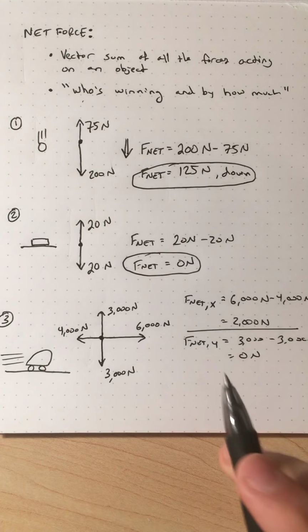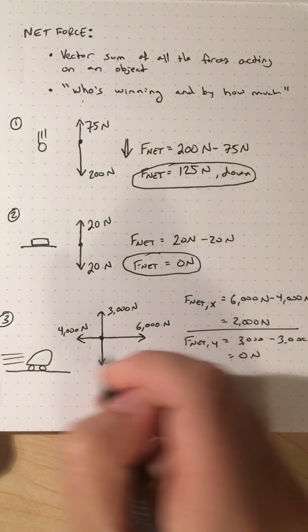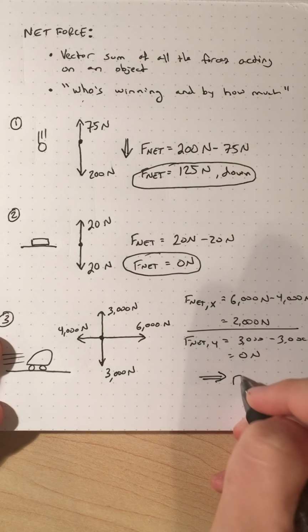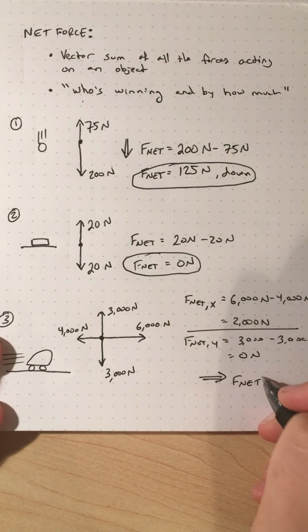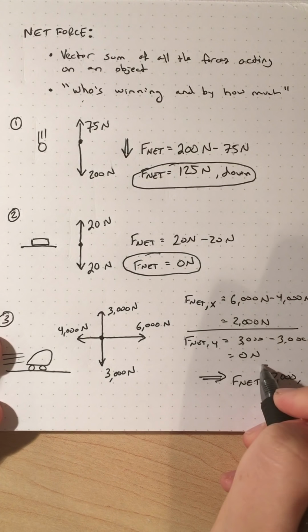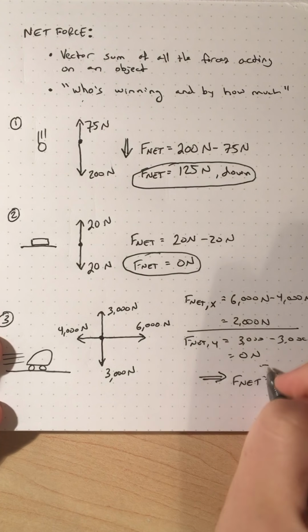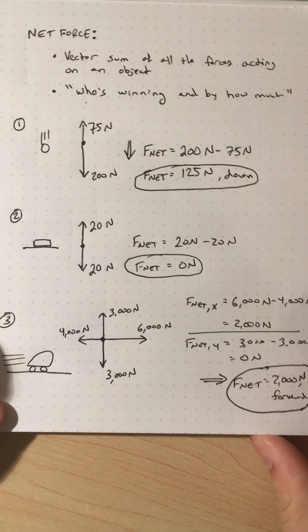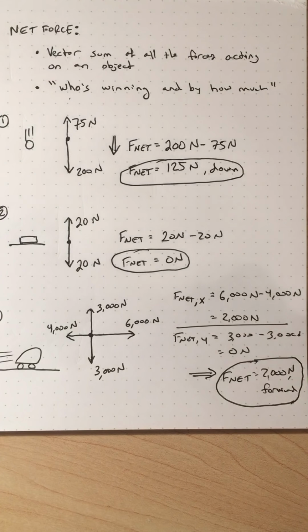It's only pointing in the X direction. So it's the forward force winning. So we're going to say the net force is 2,000 newtons in the forward direction. Or you could say right. 2,000 newtons forward. That would be an answer there.